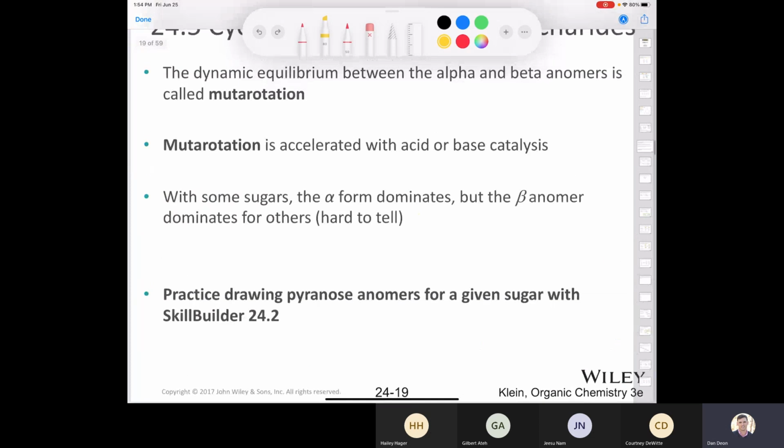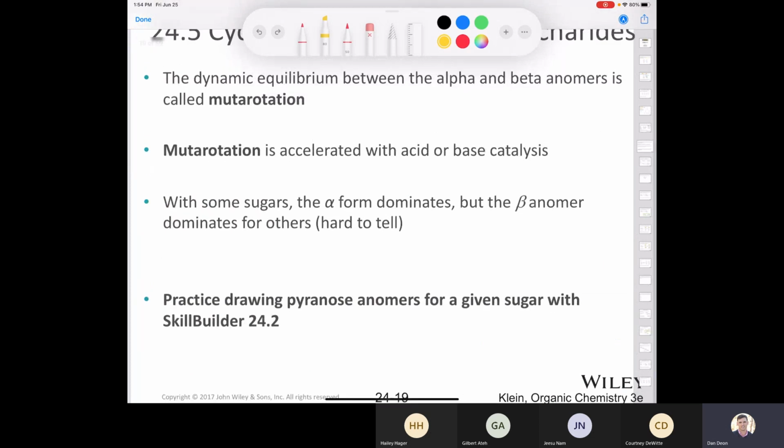Let me give you an example of a sugar that isn't as abundant. This is just an aside. I didn't plan on doing this, but if you draw this sugar, I'll make it beta here, and if we put CH2OH over here, for example, this is one of the few that I have memorized, this is beta D-galactose.